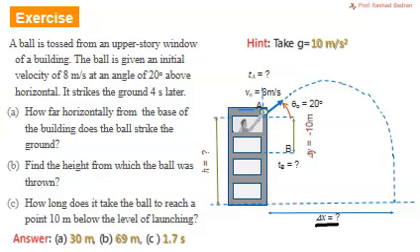To find the height of the building, you're going to apply the same kinematic equation, that is the third kinematic equation, as in the previous example. The only difference here is that the ball has two components. The one along the y-axis, v naught y, will have a positive sign, so you will substitute a positive sign instead of negative, as in the previous example.